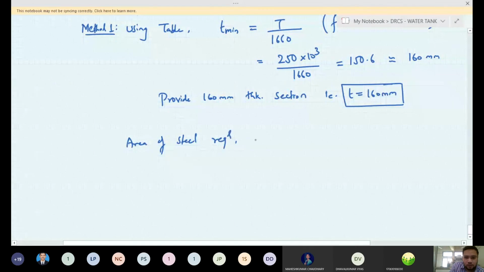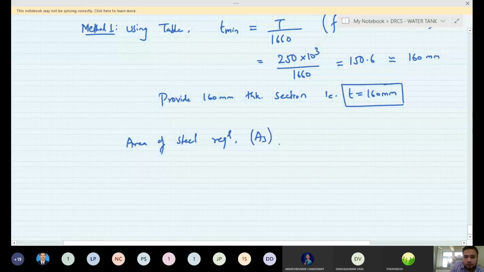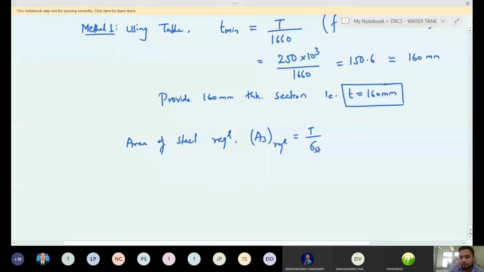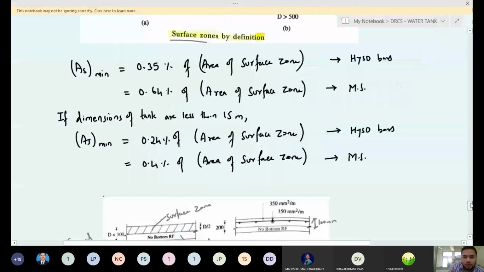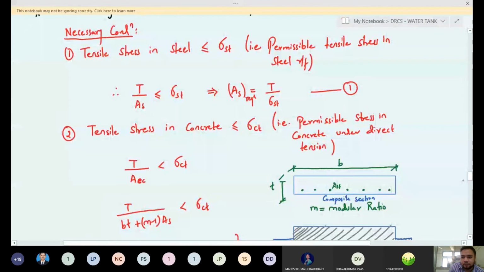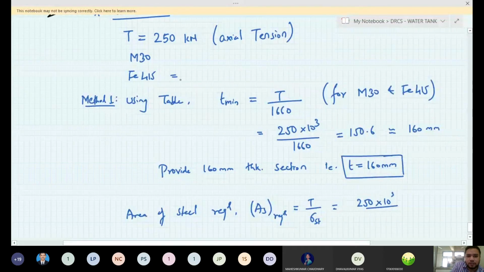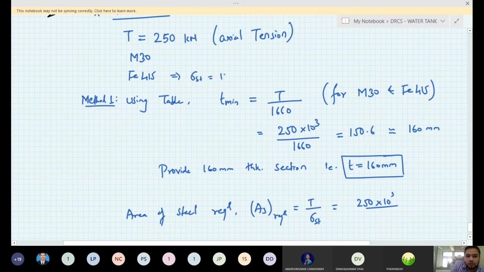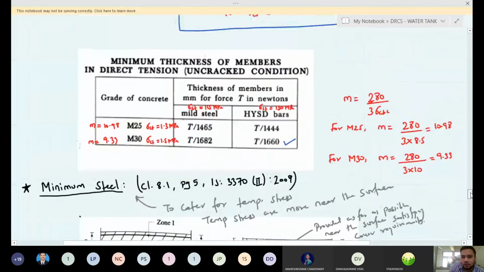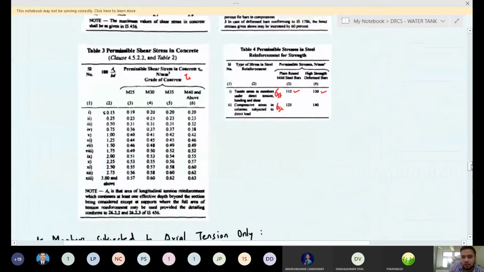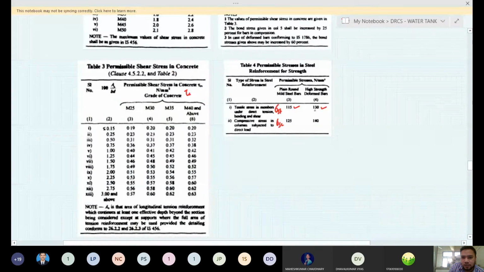So AS required is equal to T by sigma ST. See from this formula, AS required is equals to T by sigma ST. Now T is 250 into 10 to the power 3 divided by sigma ST. Now sigma ST for HYSD bar, for this grade, is equal to 130 MPa.